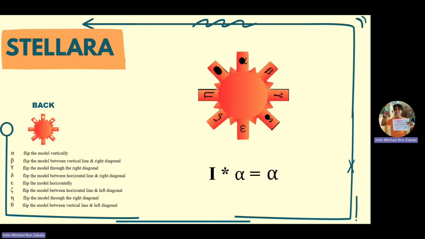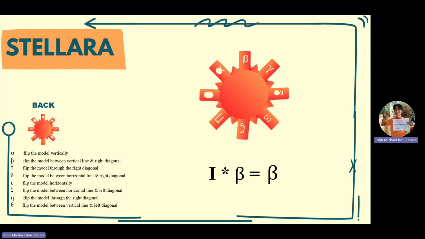So in the back of our Stellara, we have 1 star alpha. So 1 star alpha, since gaya nga po ng sinabi ko kanina, na kahit ano pa pong i-partner po natin sa do nothing or sa Roman numeral 1, the answer will always become its partner. So the answer of this one is also alpha.